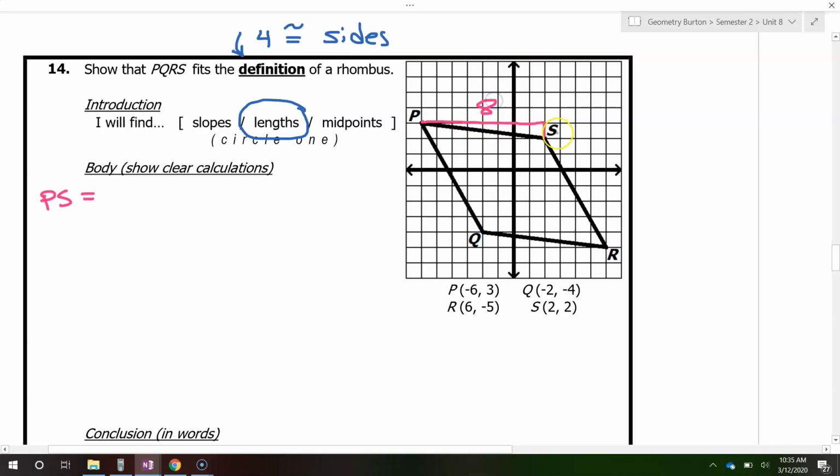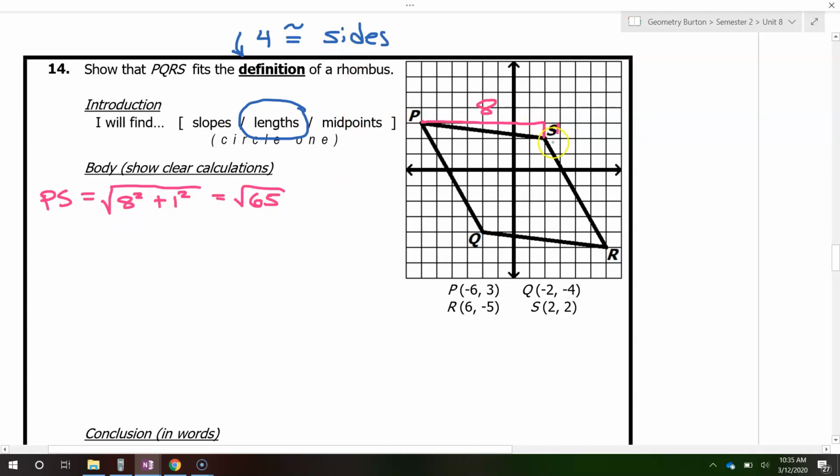So I have 8 and 1 right there. So I would do the square root of 8 squared plus 1 squared. 8 squared is 64, and 1 squared is 1, so that's the square root of 65. Okay, now keep that in mind.